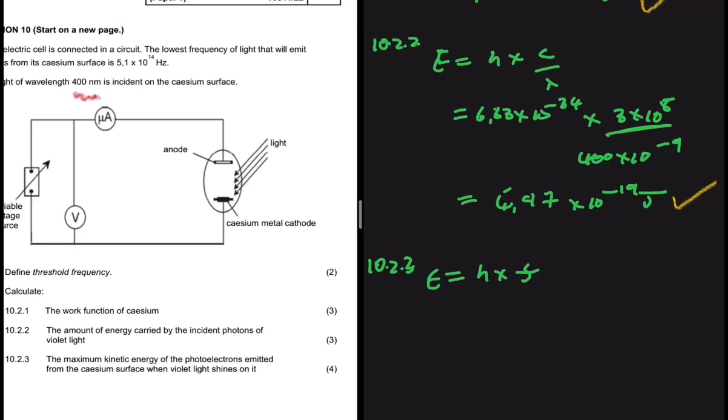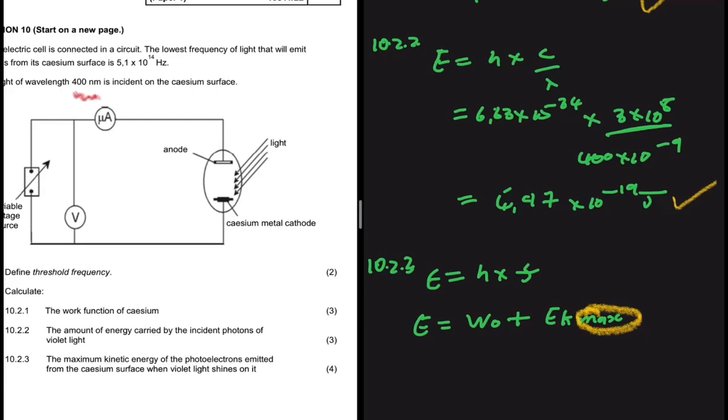But then at the same time, our energy is equal to the work function plus EK max. What I've realized is that some examiners, if you omit the max on your EK, you actually lose a mark. So be aware of that and don't lose a mark unnecessarily.